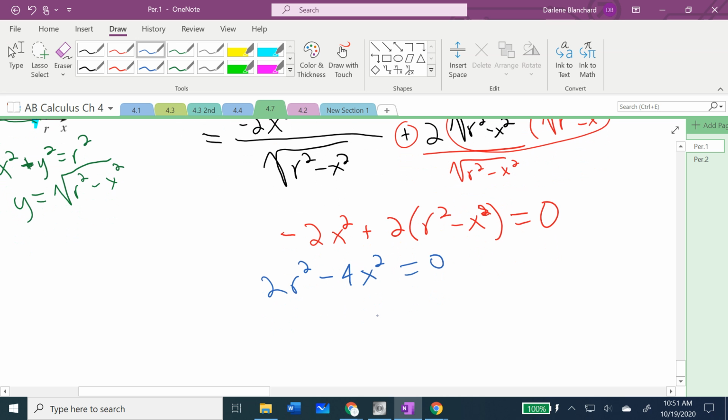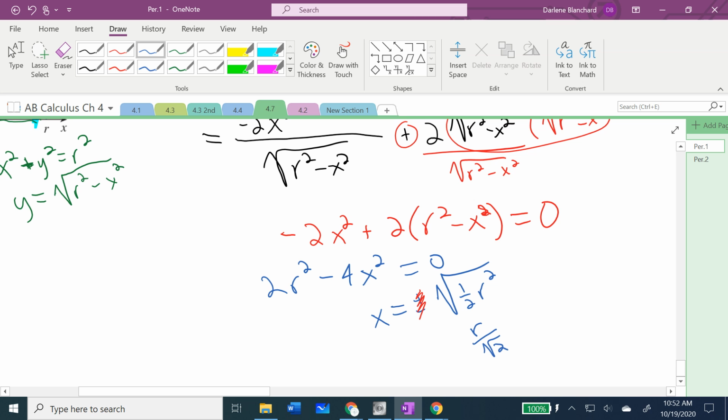So that's going to wind up being, let me think, a 1/2 r squared. Now, plus or minus, x is only being positive since we're dealing with quadrant 1, so it's definitely positive. And I wind up getting the radius divided by root 2.